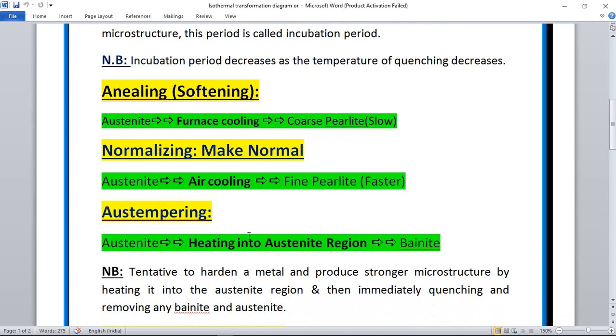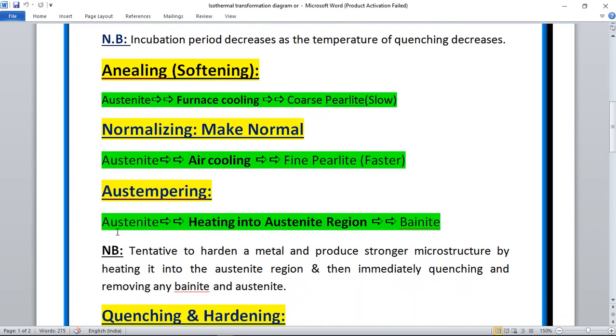The next term is austempering. Austempering means austenite is directly transformed into bainite.